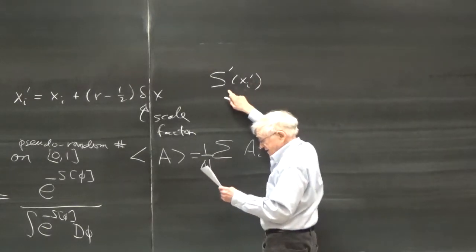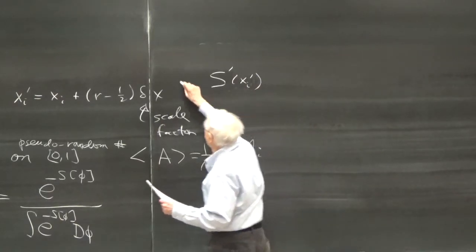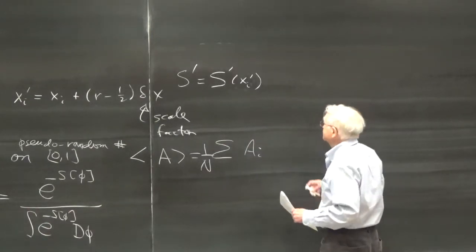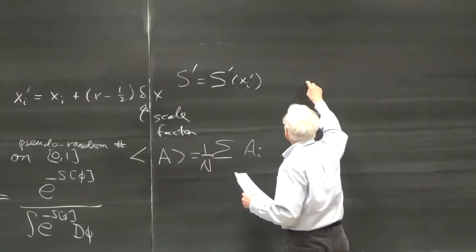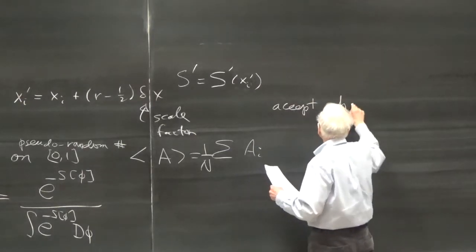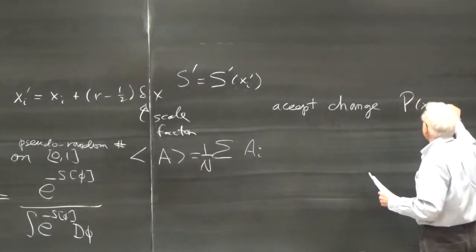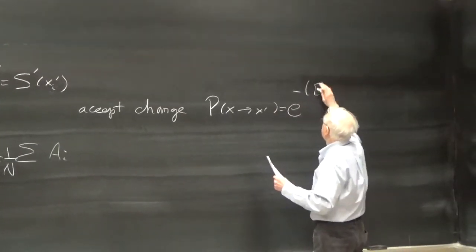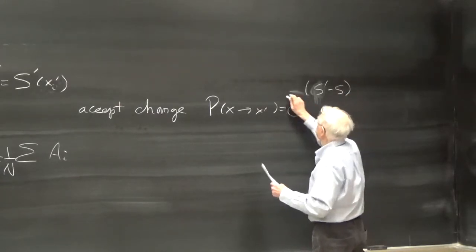Then what we have is S prime, and I'll just call that S prime. And so the probability distribution, the trick is this: you accept the new change with a probability x to x prime of e to the minus S prime minus S, well, let us say times beta.